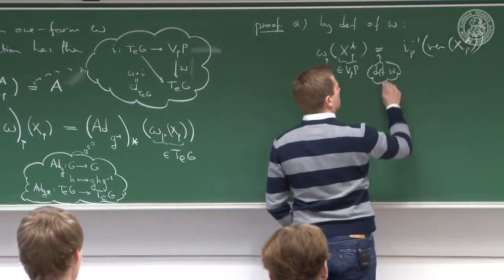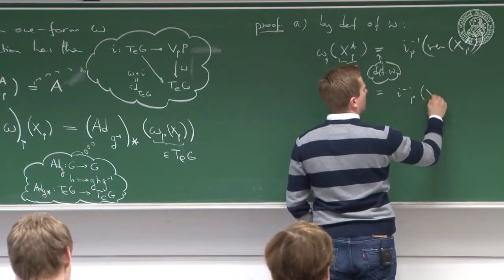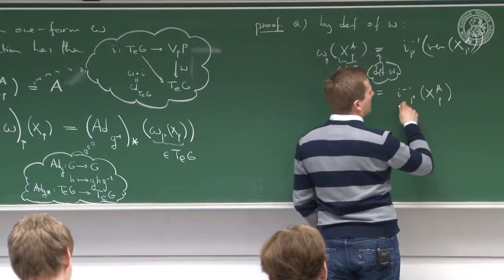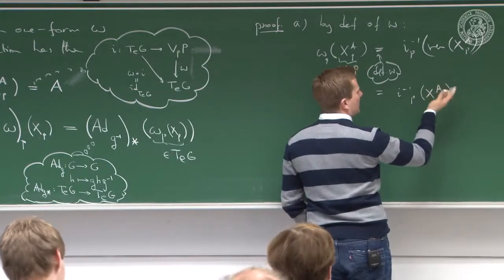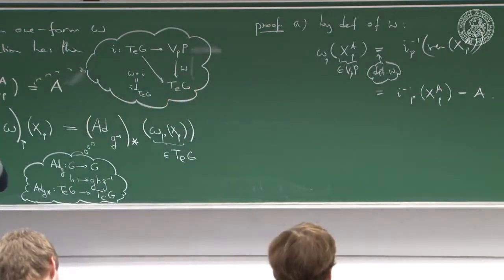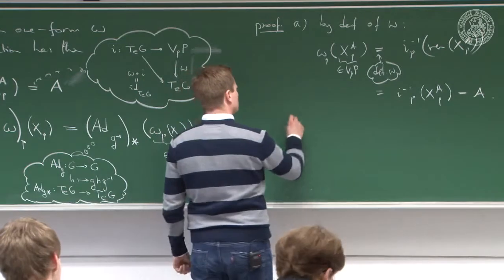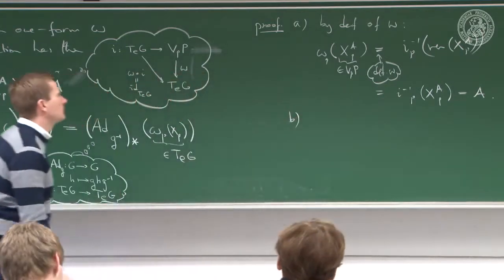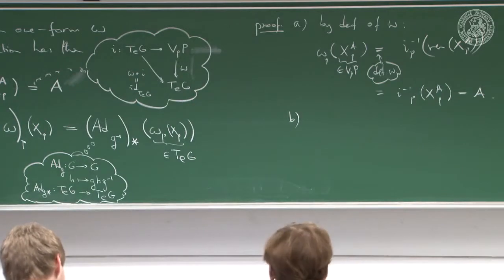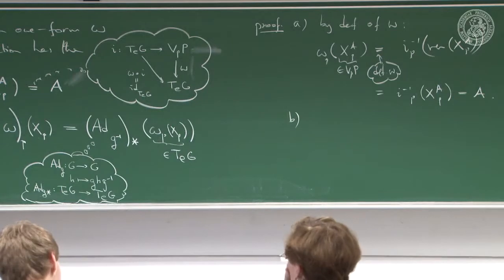But this already is a vertical vector, so it's I inverse p of xa p, but the I took the a to the xa, so the I inverse takes this back to the a. So this is immediate from the definition of omega. That's A. Of course here we're now assuming that the HP choice and so on has the properties of a connection.